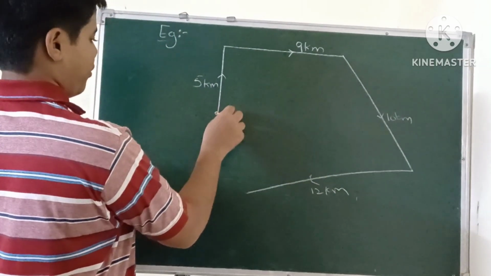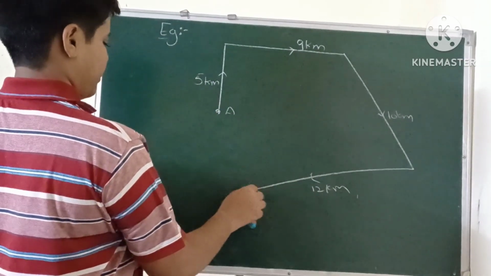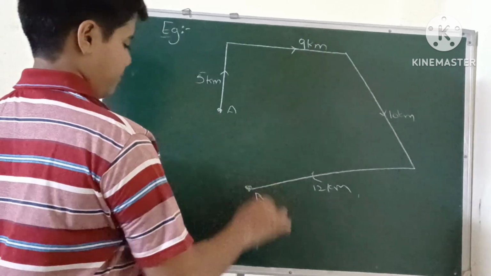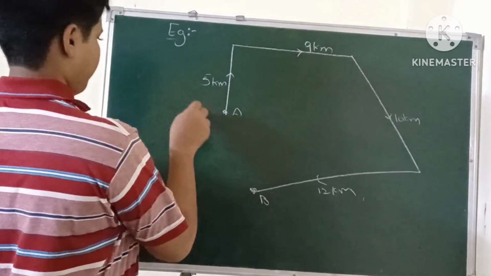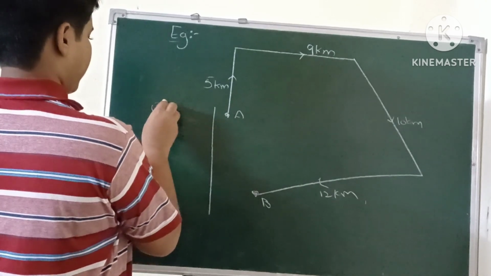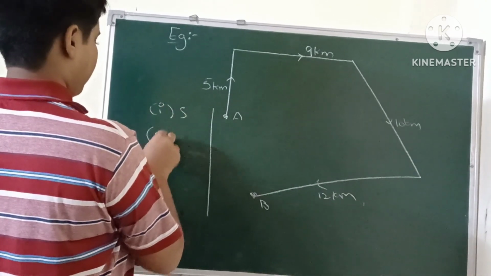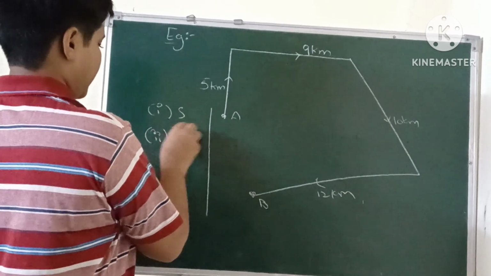This is starting point A and this is ending point B. Here we have to find the values of first distance, second displacement.